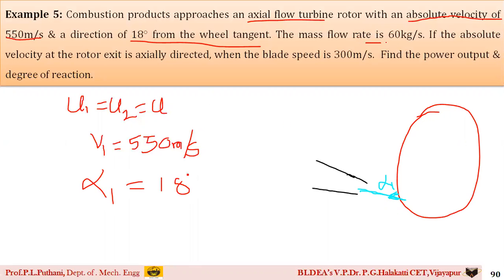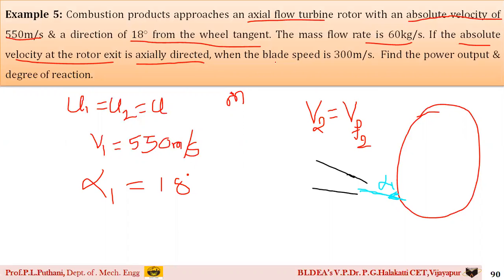Then the mass flow rate he has given as 60 kg per second, which is your m dot. Then he says the absolute velocity at the rotor exit is axially directed, which means when the products leave the rotor exit they are axially directed, so the absolute velocity at the exit, V2, becomes equal to Vf2.